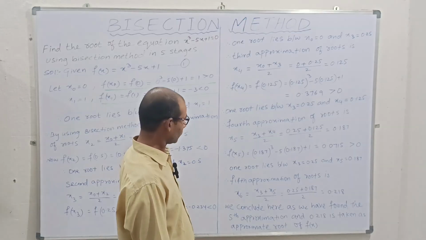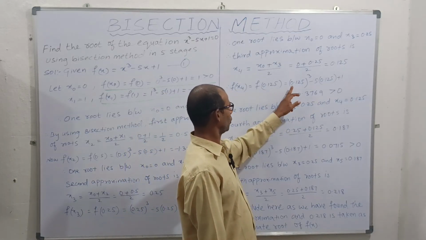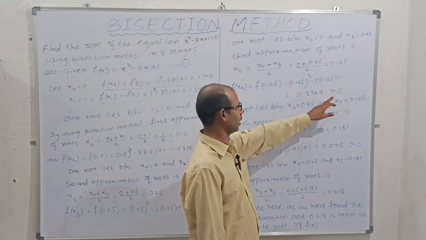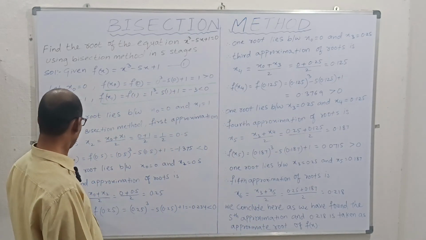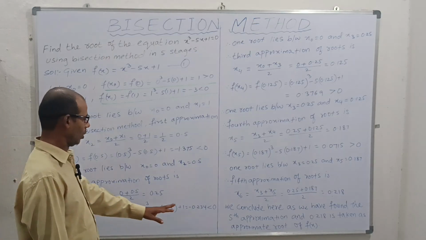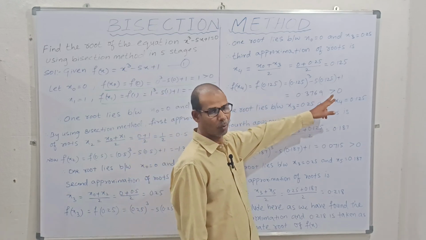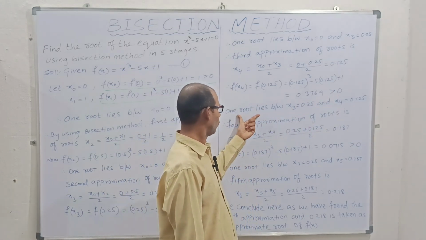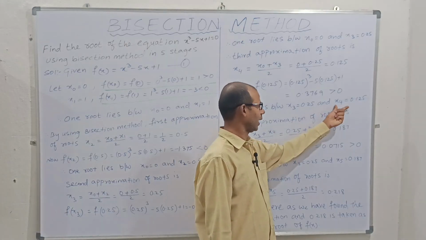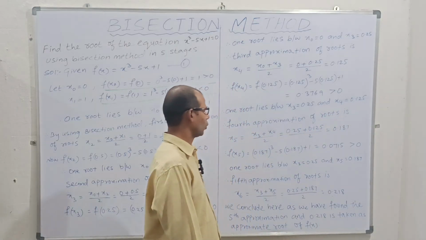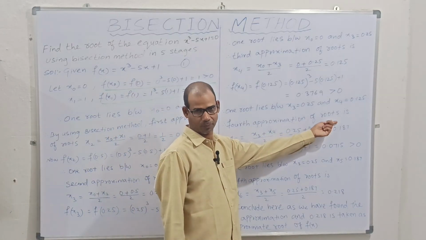So at the point x4 equals 0.125, we got the function value as positive. Now at x3 we got negative and at x4 we got positive. Therefore one root lies between x3 equals 0.25 and x4 equals 0.125.